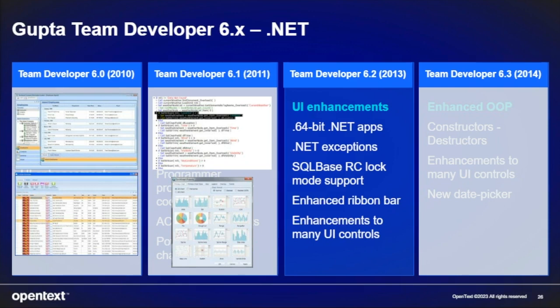We also introduced .NET exceptions for .NET error handling. We introduced support for the SQL-based read committed log mode, which poses no locks during data reading. And we introduced an enhanced ribbon bar so the user can quickly access features of the application, and many enhancements to UI controls.